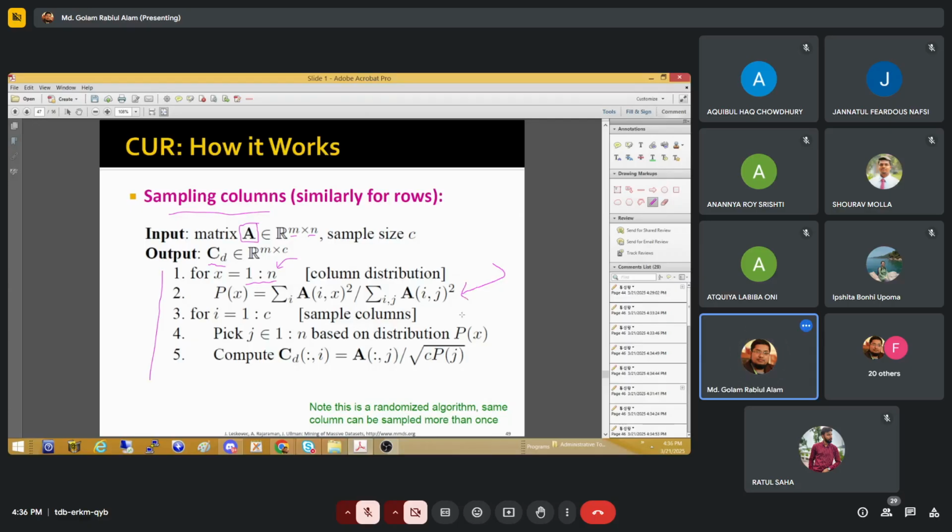We compute the probability vector using the Frobenius norm of the column divided by the Frobenius norm of the total matrix. If we divide this by that, we will get the probability. Let's think about one example for that.